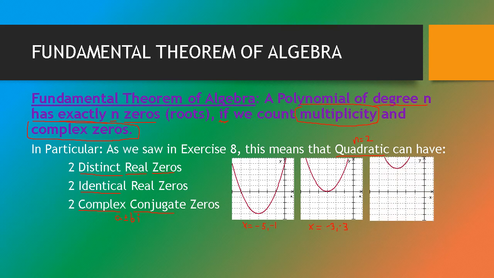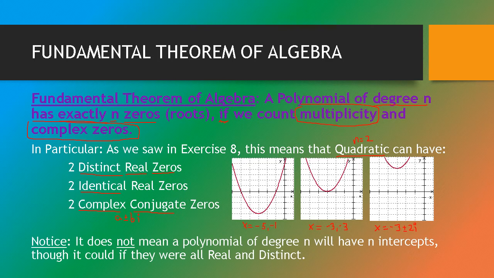And that happens when we don't cross the x-axis. So if we did the math here, the 2 complex conjugate solutions would be -3 plus or minus 2i. How did I get that? You'll have to go back and watch exercise 8.